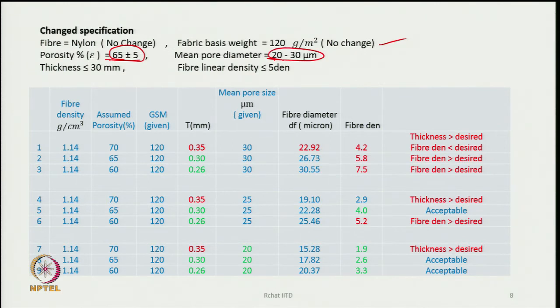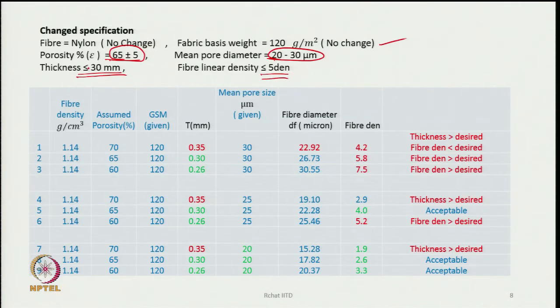We are not giving a fixed value. Thickness, due to some other reason, has to be less than 0.30 mm, and fiber linear density should be less than 5 denier.